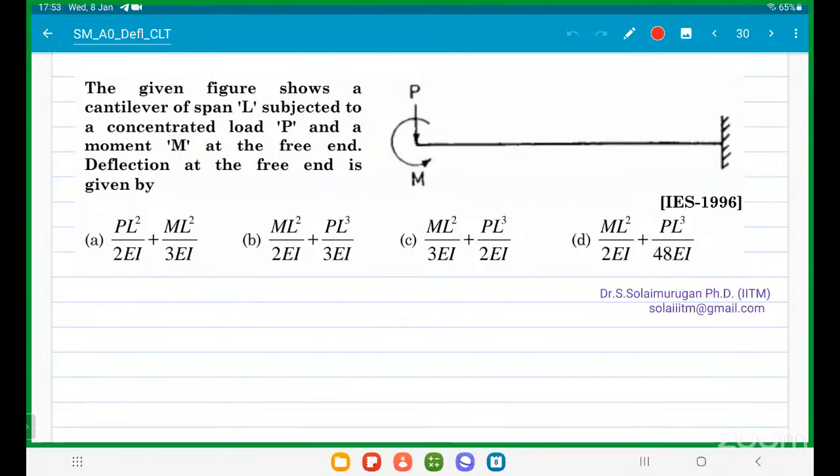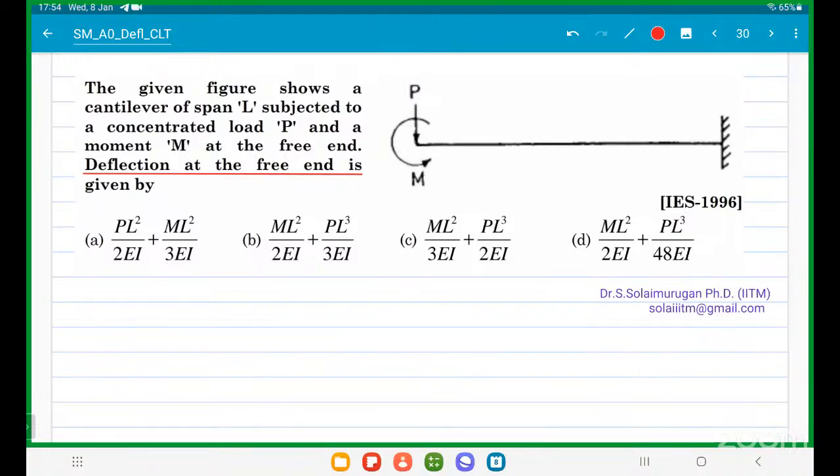See this case. Very simple, sir. Highest number of repeated questions in strength of materials is this model.